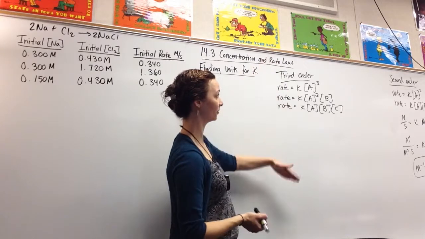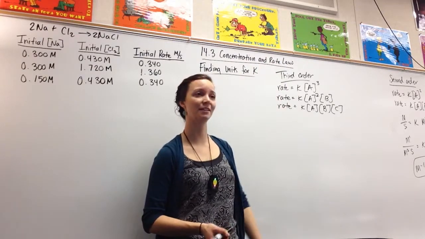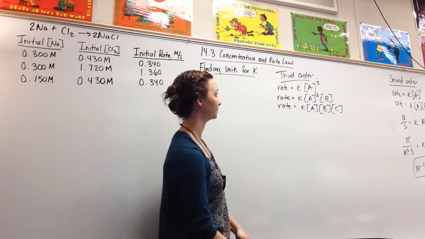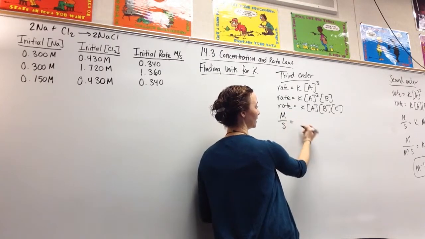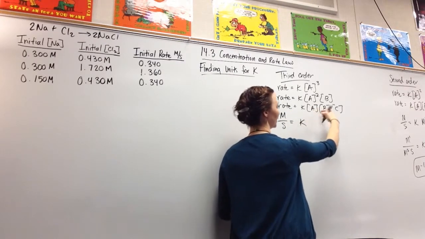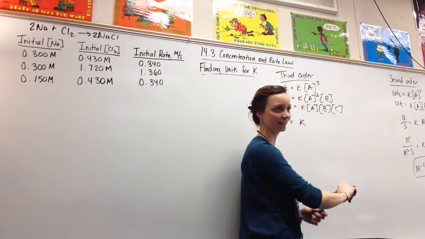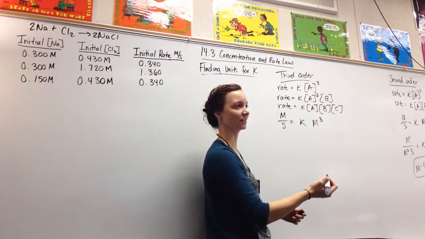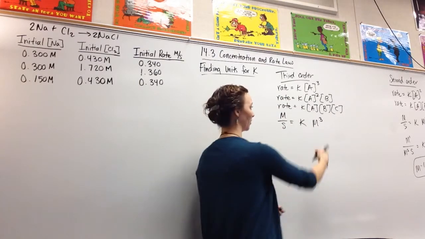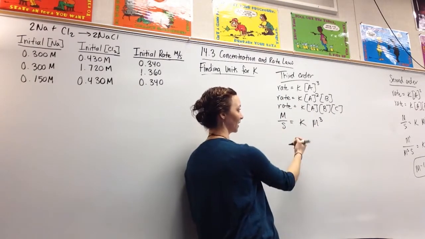Okay, so these are all third order equations, so the units of K will be the same for all of them. So figuring that out, we have molarity per second is equal to K. What's molarity times molarity times molarity? Molarity cubed. Okay, so this is starting to look repetitive, hopefully. So now we're going to bring the molarity on the bottom, just like we did in the other problem.